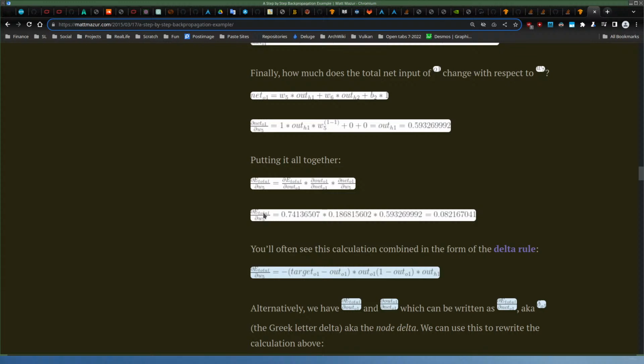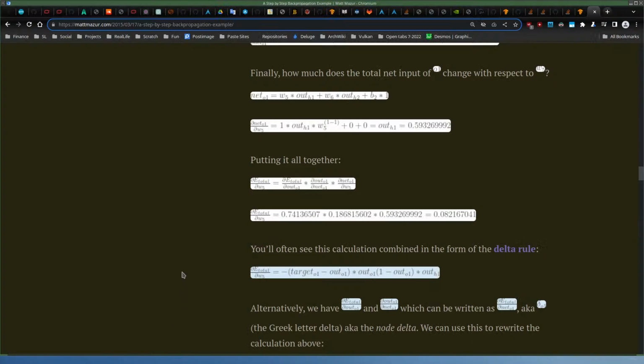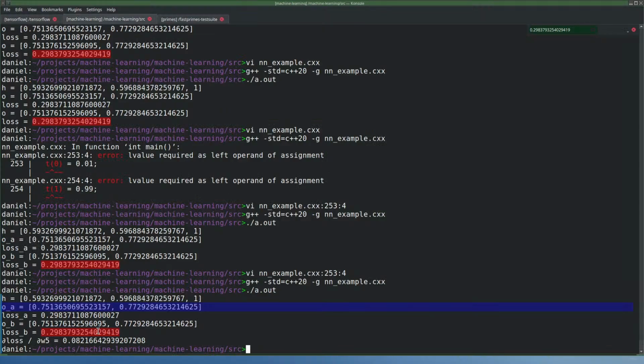The partial derivative of that relative to W5, 0.0821. Wow. 6.7. It's all the way up till here. Thought it worked like a charm.